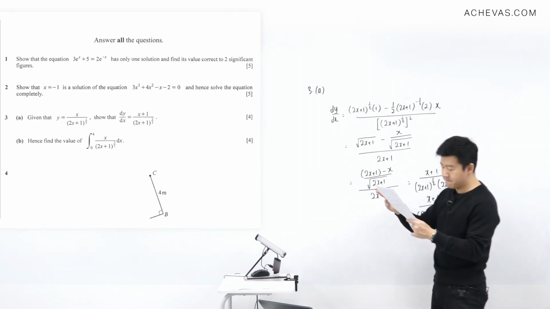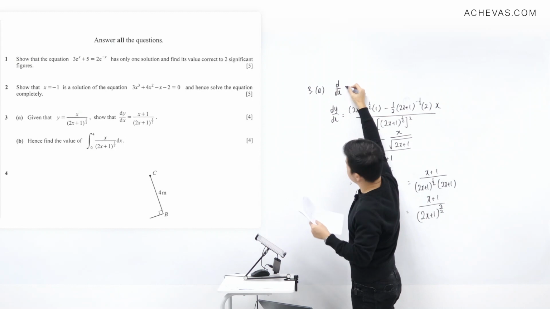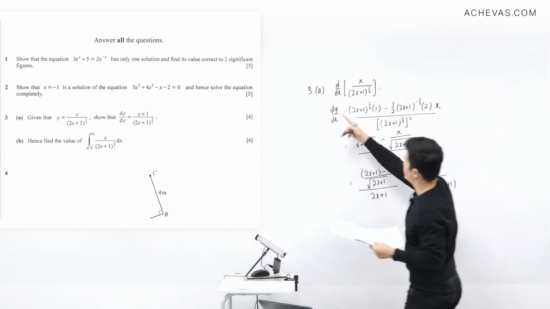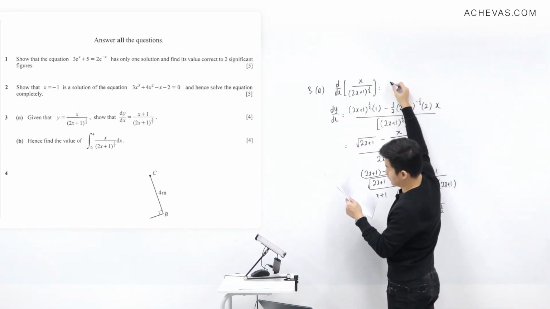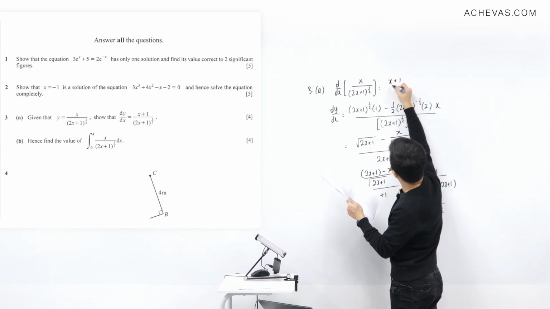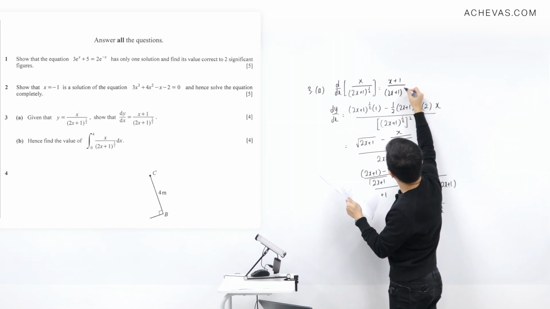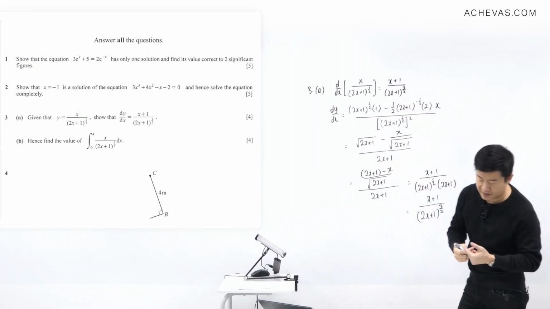We have shown that when we try to differentiate y is this, x over 2x plus 1 to the power of half, when we try to differentiate this, dy/dx, we are getting this. So this is equal to this, x plus 1 divided by 2x plus 1 to the power of 3 over 2. Let's make use of this to do part B.